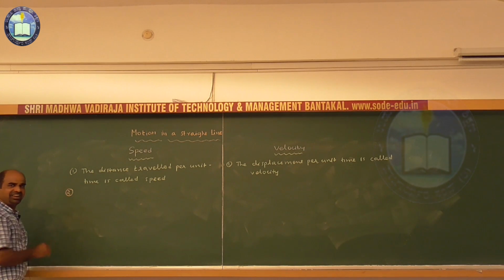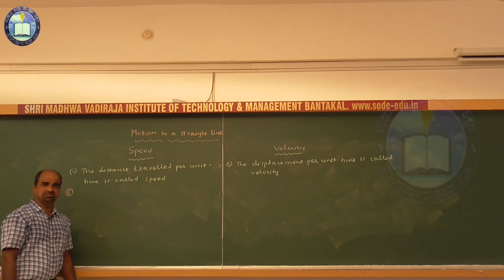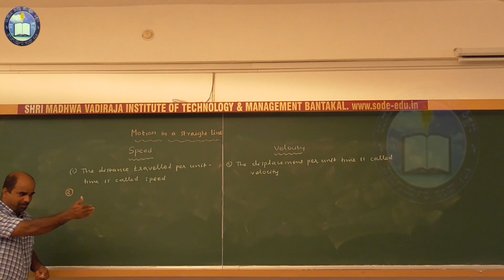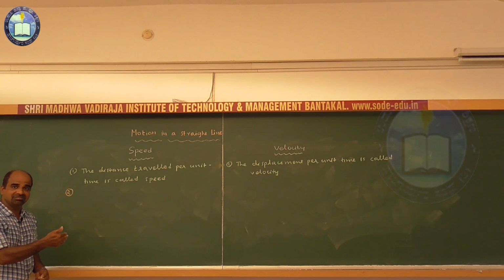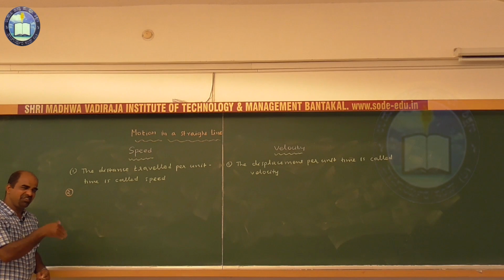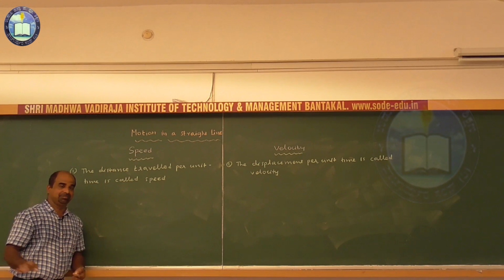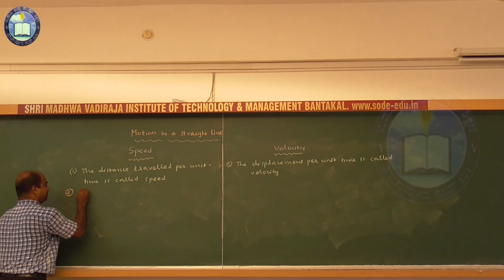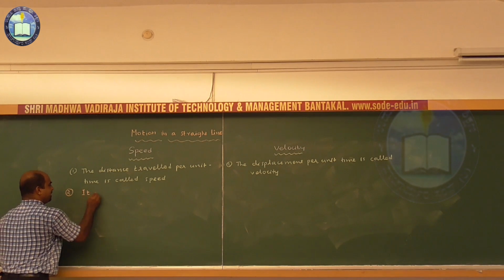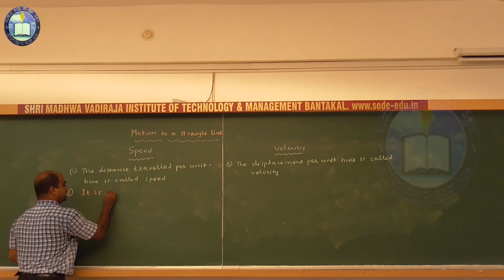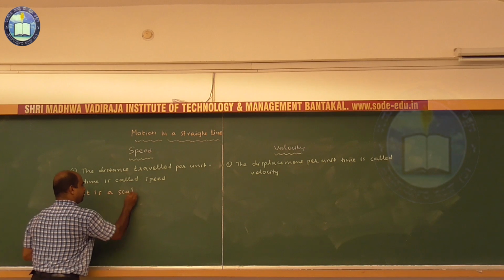It is a scalar. It has no direction, only magnitude. Even if the body comes back to the initial position, speed of the body is not equal to 0, because speed is always taken as positive. Speed can never be negative, because it is a scalar physical quantity.